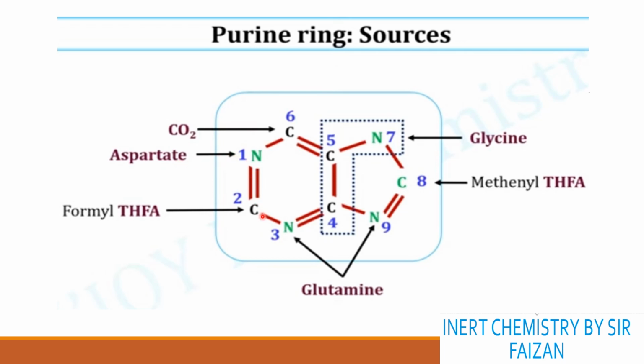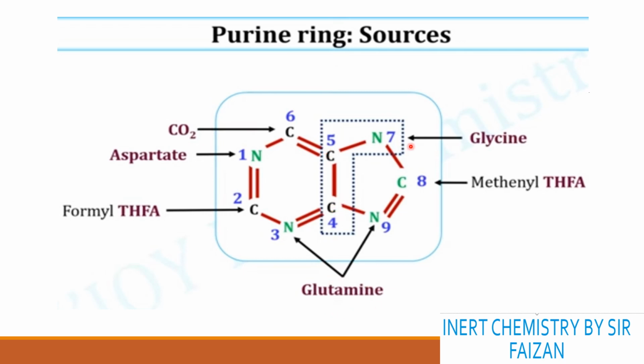Similarly, carbon 2 and carbon 8 both come from the folate, or tetrahydrofolic acid. Nitrogen 3 and nitrogen 9 come from glutamine.